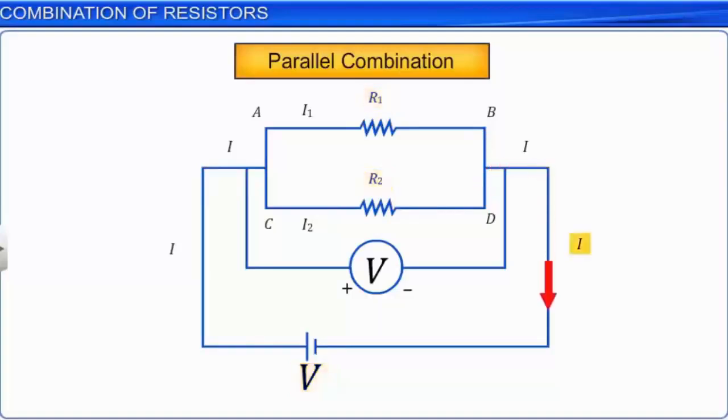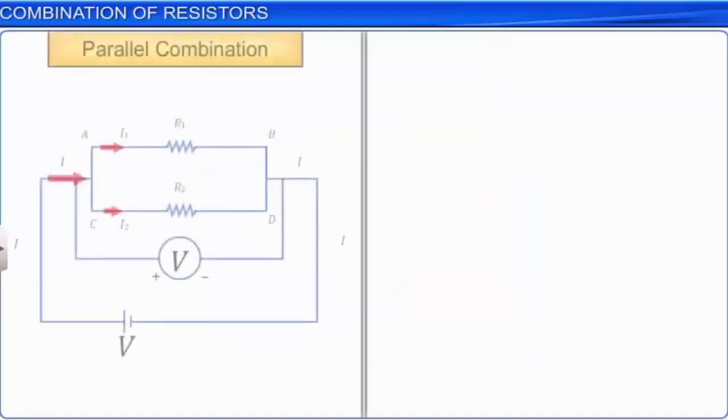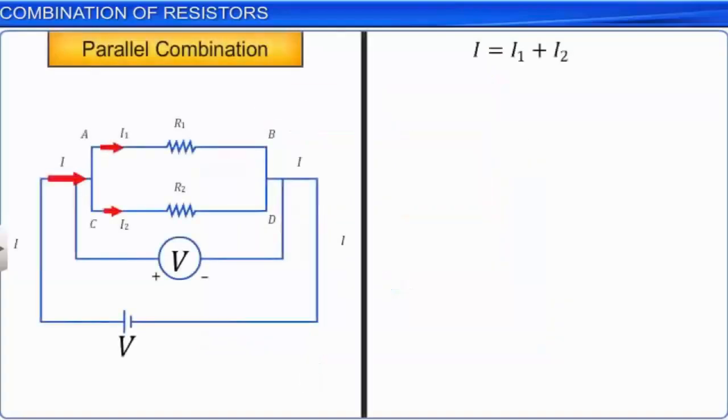I is the rate of flow of charge from the source, that is the battery. I1 is the current through resistor R1 and I2 is the current through resistor R2. We can now write I is equal to I1 plus I2.